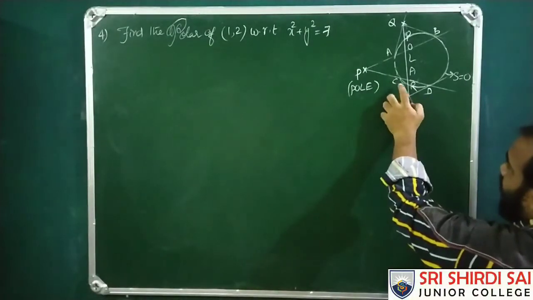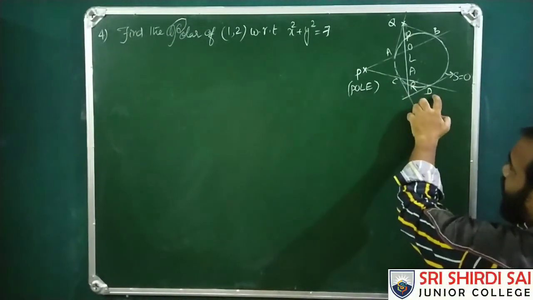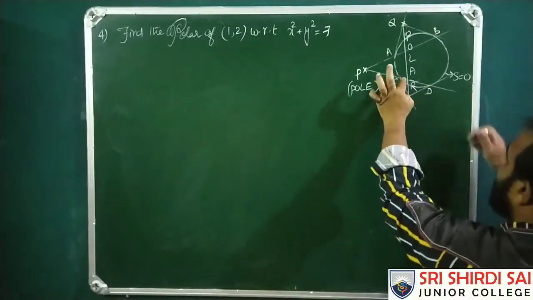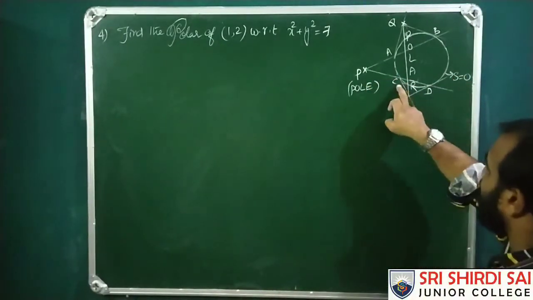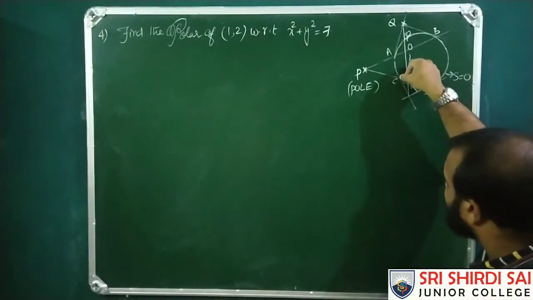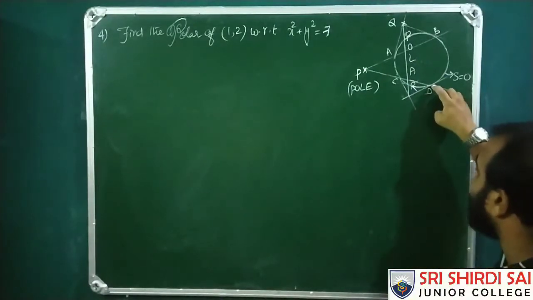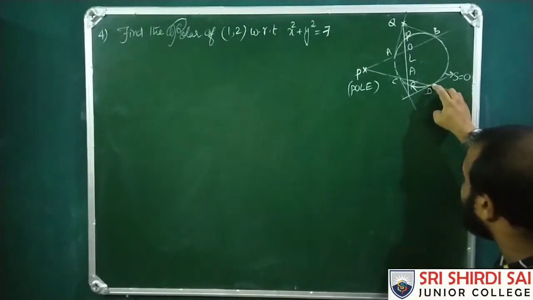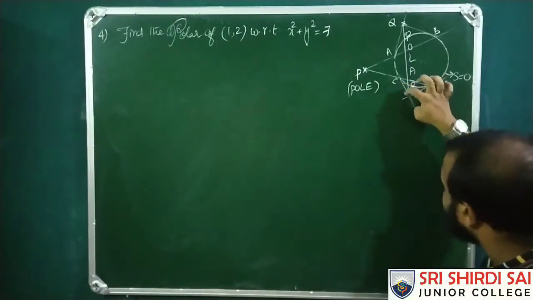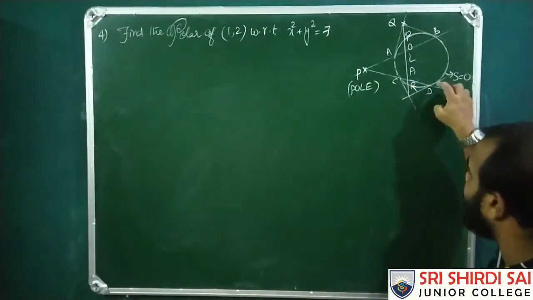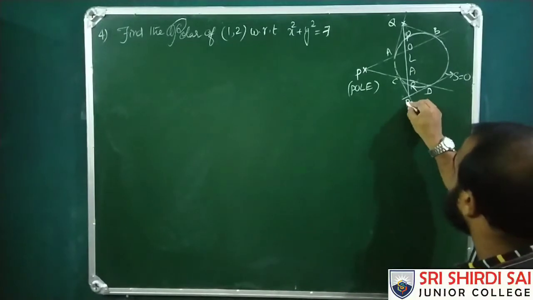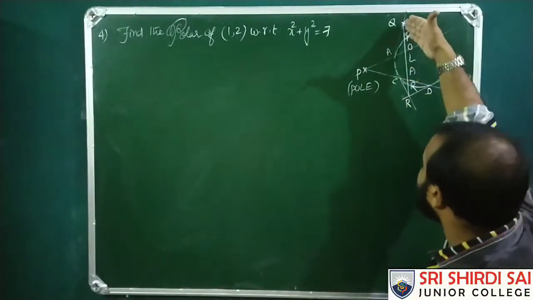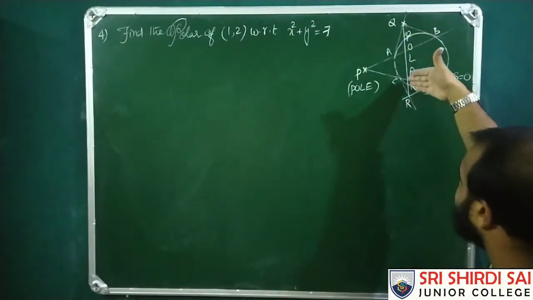C and D are the extremities, or endpoints, of this chord. I have drawn a tangent through C, and a tangent through the other extremity of the chord, D. These two tangents meet at this point, for example R. Then the locus of these points.